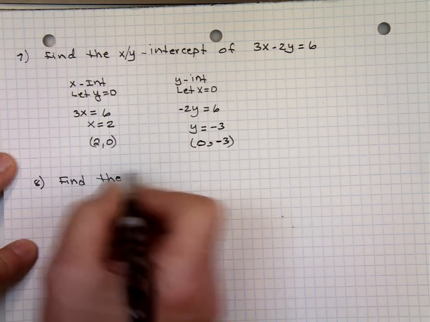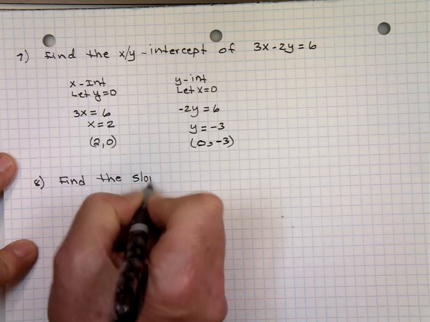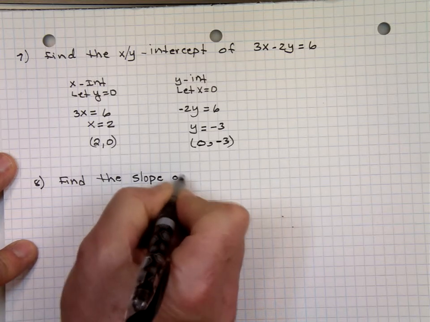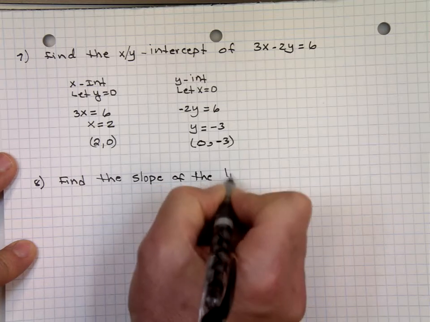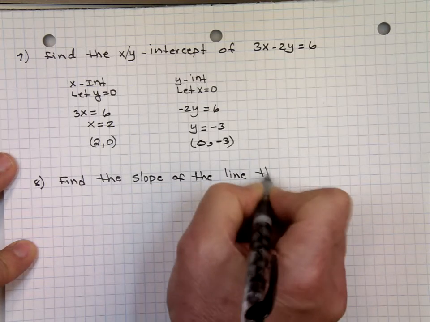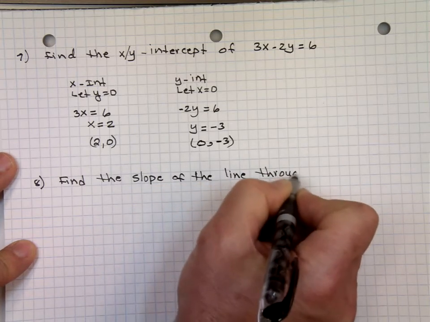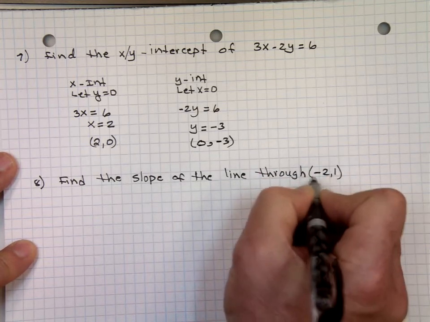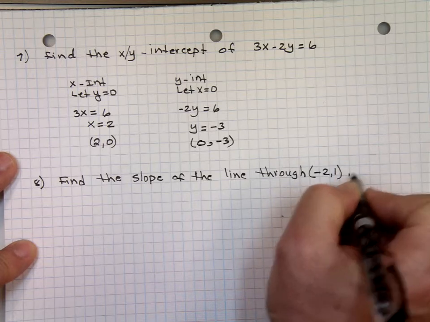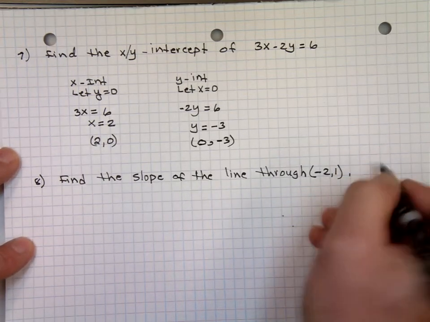Find the slope of the line through negative 2 comma 1 and negative 4 comma 1.